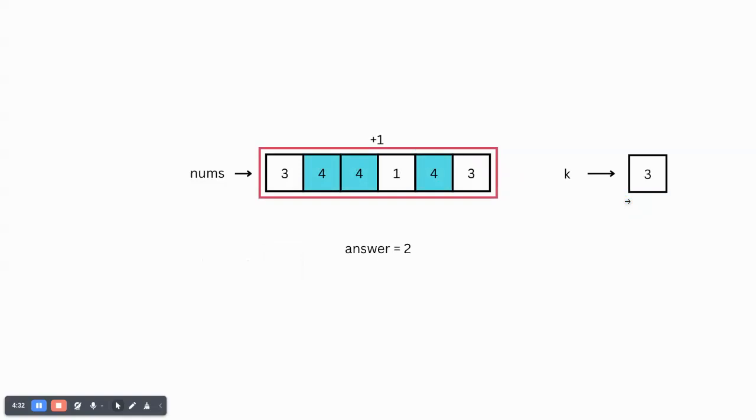But what we can do is select the 0 in the middle, and we can add 3 to that subarray, and that would give us 4.